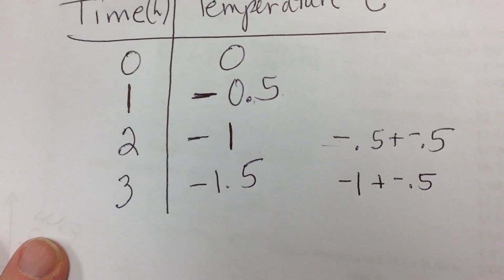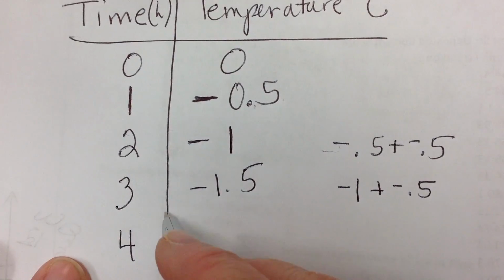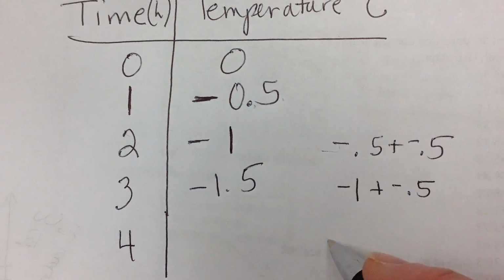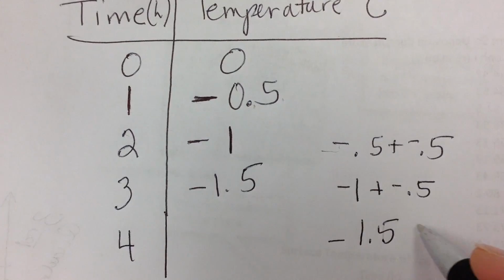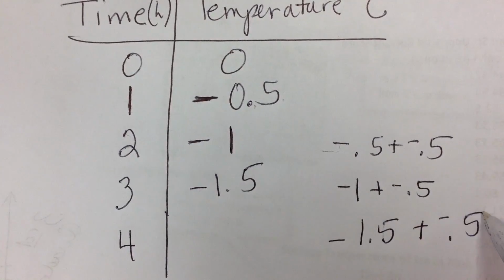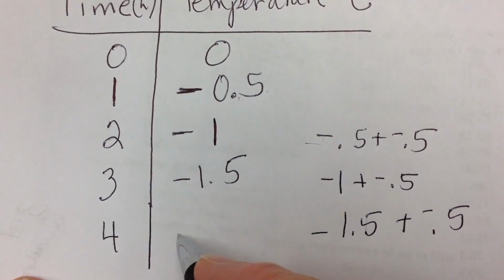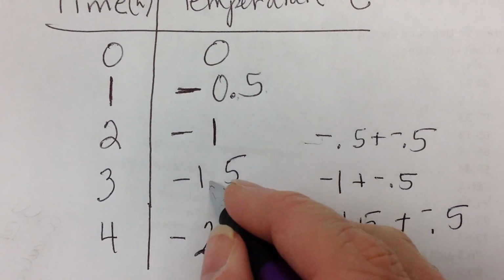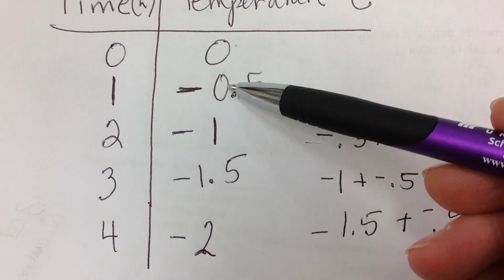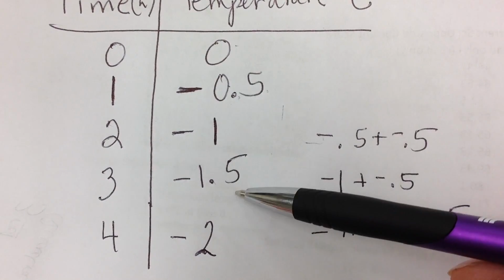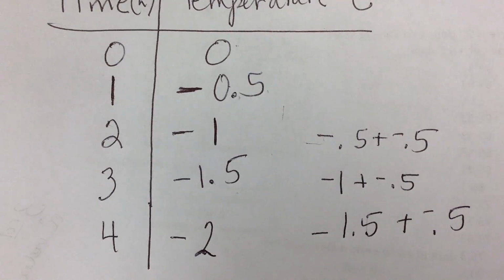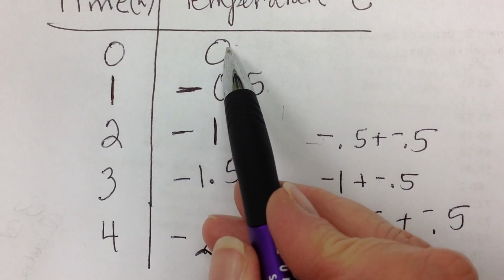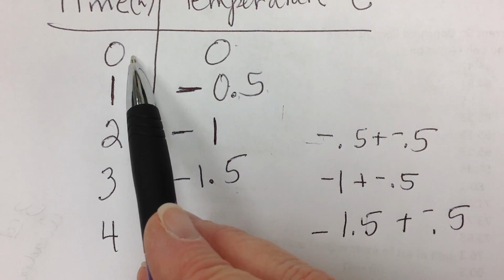And then the 4th hour, you're decreasing 0.5 every time, so negative 1.5 plus negative 0.5 again on your calculator should give you negative 2. So the temperature decreases by 0.5 degrees Celsius every hour, starting from 0 degrees Celsius at time 0.